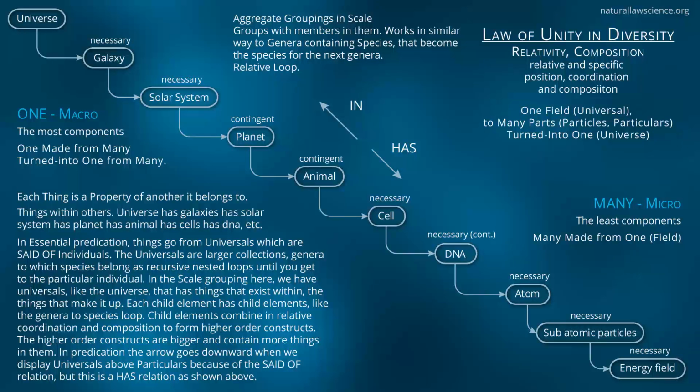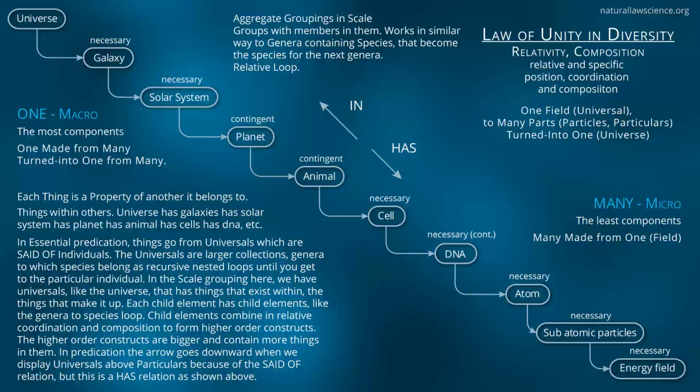So you see how this is an essential predication it's turning into? Because we have animal has cell, cell has DNA, or DNA in cell in animal. Sorry. I said essential predication, I mean accidental predication. Overall, this is accidental predication because we have necessary and contingent mixed.